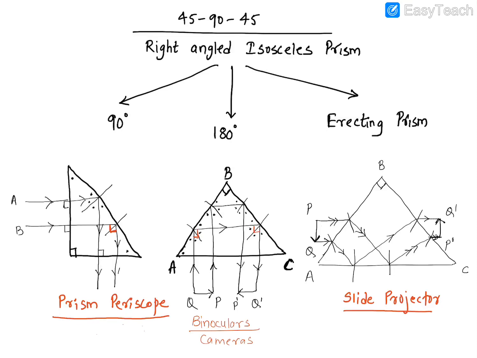Very, very important applications. As I told you, they can ask you this anyhow. They will tell you to draw a diagram for a slide projector, or draw a diagram for the erecting prism, which you use as an erecting prism. Draw a diagram and state its one use. So you need to learn all the three things, like the 90 degree diagram and prism periscope, 180 degree diagram and the application. Same for the last one also.